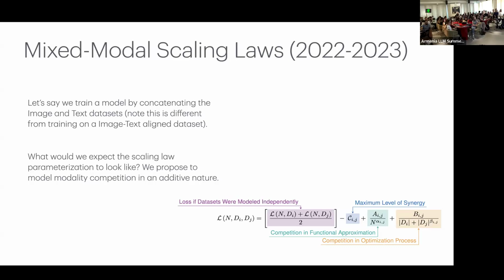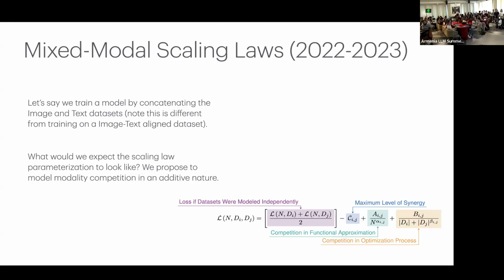And inversely, there can be some amount of synergy, which is the inverse of competition. The idea is that we can get better compression maybe on some text data sets if we properly model audio data sets or image data sets. And then we maintain the same exact scaling law parameterization as Chinchilla did. So we said, okay, there's going to be some level of competition or synergy.